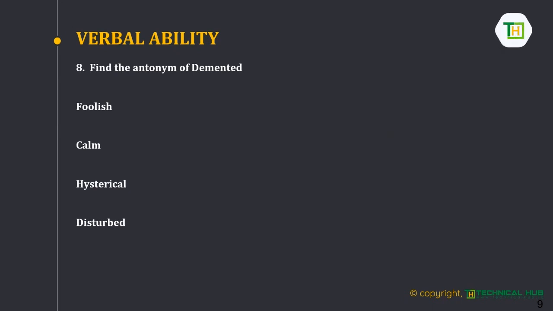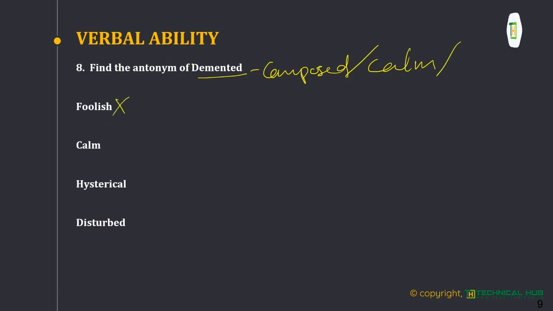So find the antonym of demented. What is the meaning of demented? Demented meaning is nothing but composed, or we can use it as calm. Foolish, no. So the opposite of demented is calm and composed.